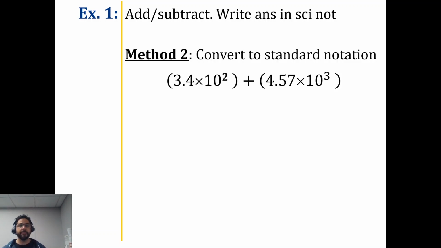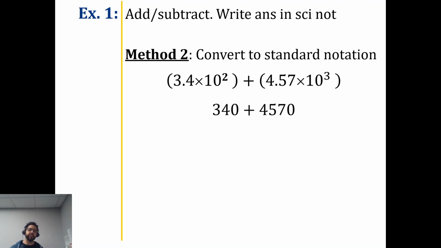On the first one, where it says 3.4 times 10 squared, I would move my decimal 2 places to the right. On the 4.57, I would move my decimal 3 places to the right. Again, they're both big numbers because they have a positive exponent. That's why we're moving it to the right.